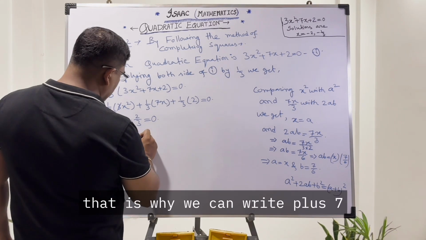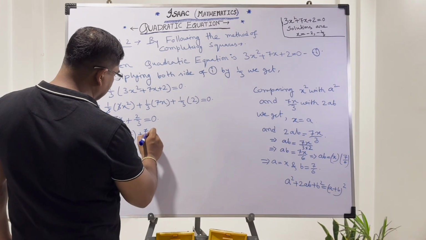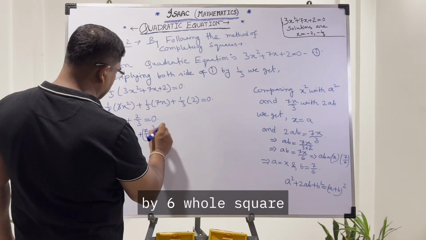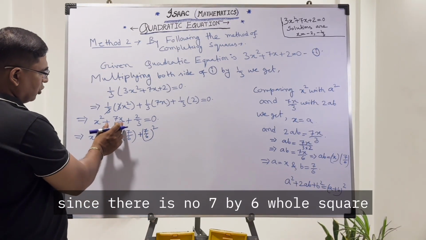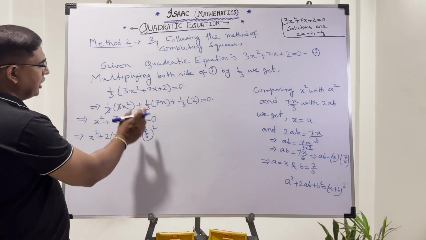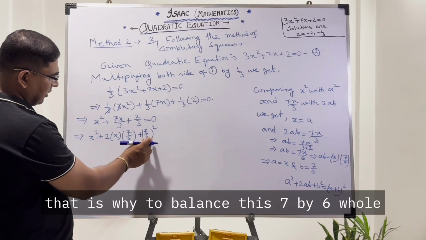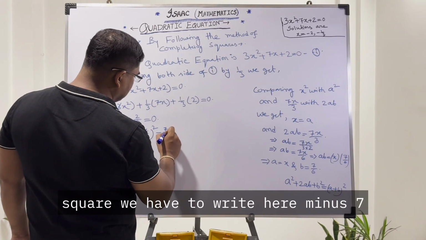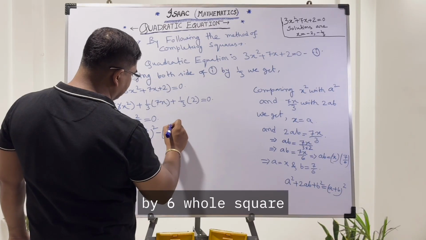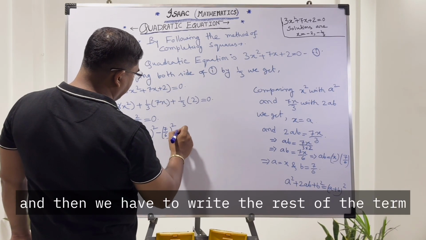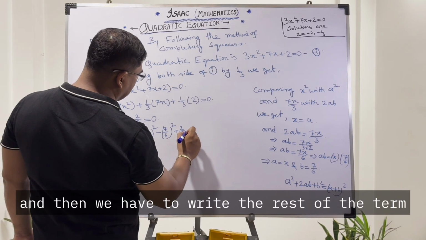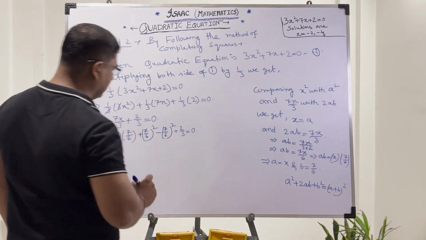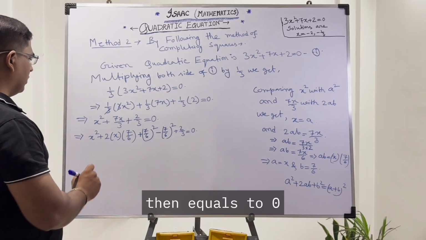That is why we can write plus 7 by 6 whole square. Since there is no 7 by 6 whole square originally, to balance it we have to write here minus 7 by 6 whole square, and then we have to write the rest of the term, that is plus 2 by 3. Okay, then equals to 0.